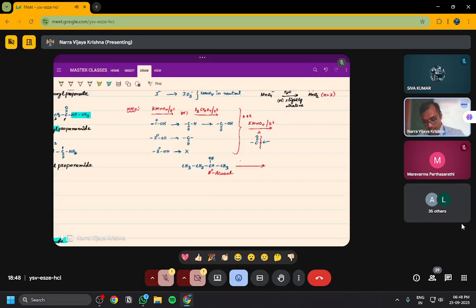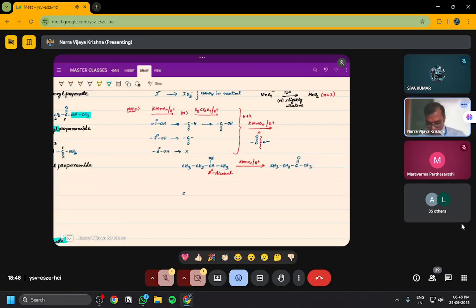So with KMnO4 in presence of H plus, now tell me what should happen. Aldehyde or ketone? Ketone: CH3, CH2, C double bond O, CH3, the ketone.